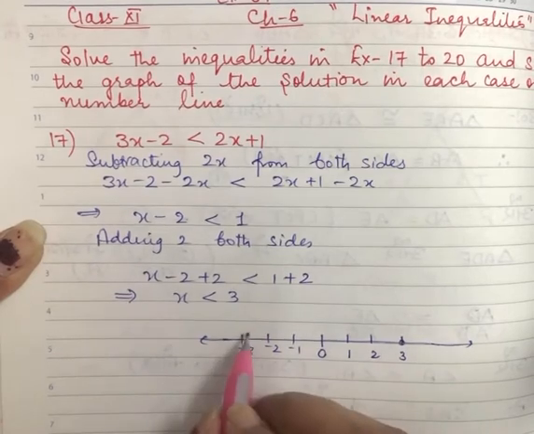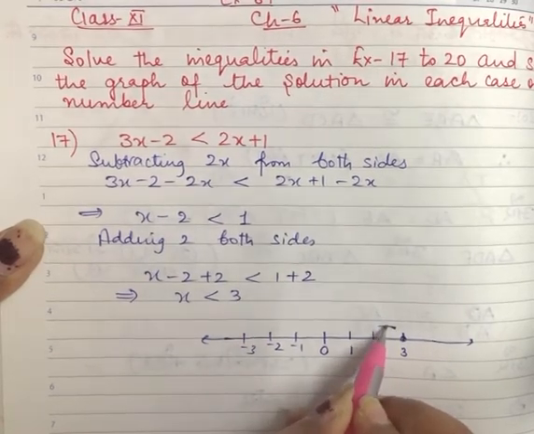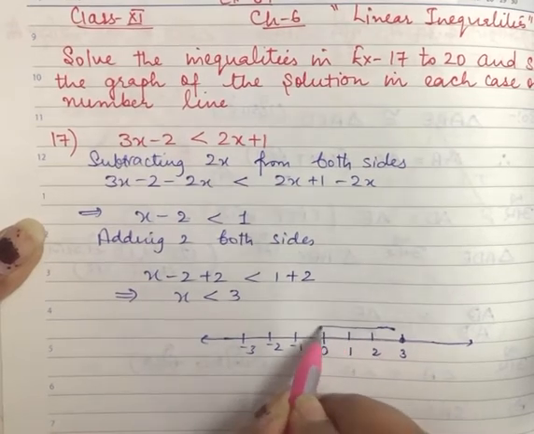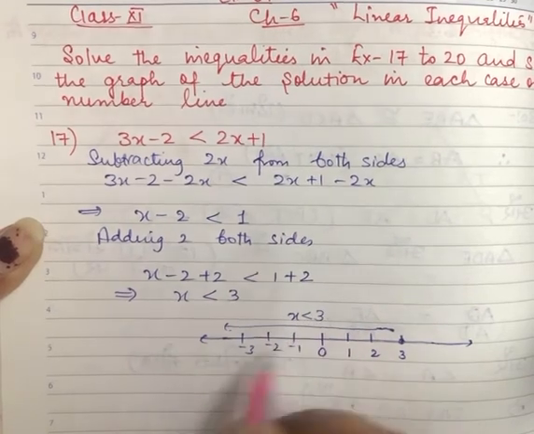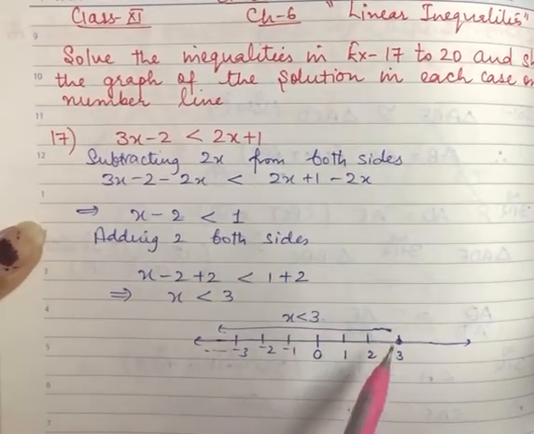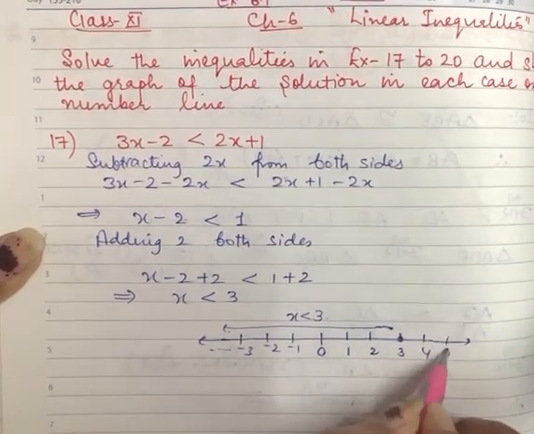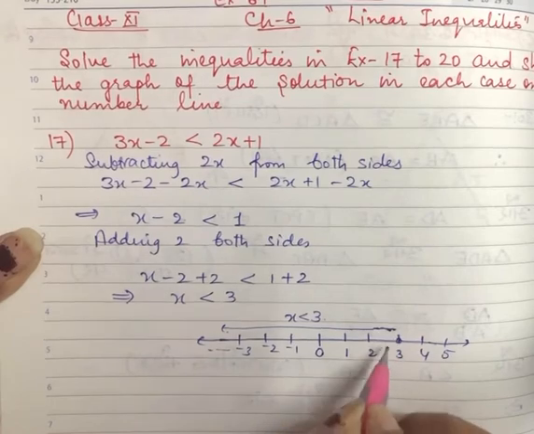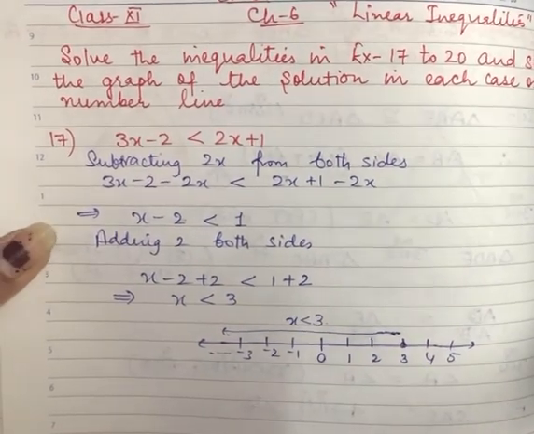So all these values denote x less than 3. So here on number line we can show this like this: x is less than 3. So this is the 17th question.